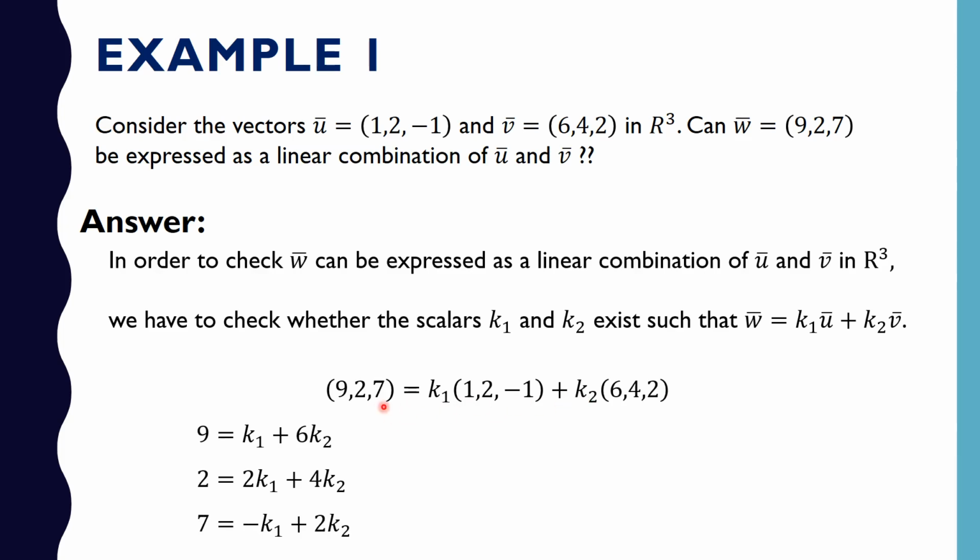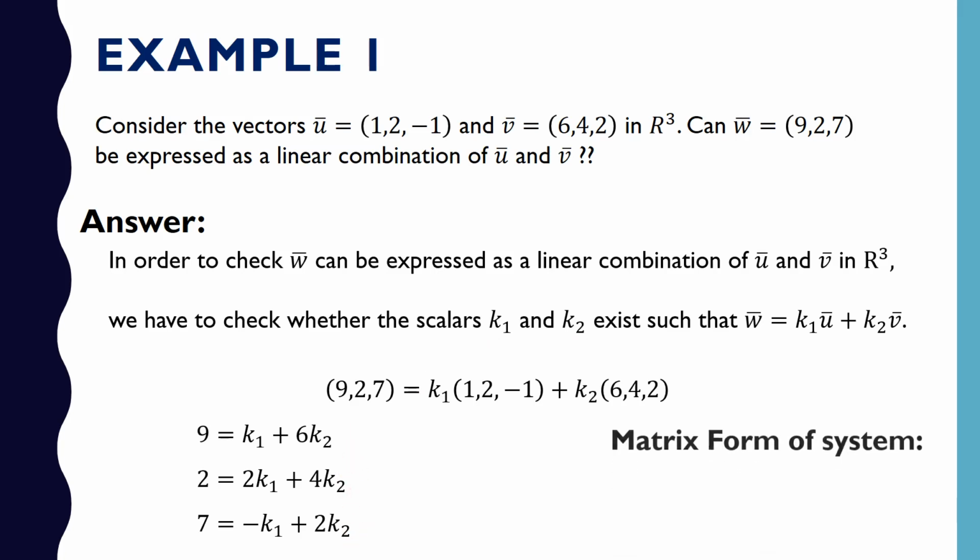Now this particular equation we have represented in the form of a system of linear non-homogeneous equations with two unknowns k1 and k2. Now the idea reduces to solving for the unknowns k1 and k2 by solving the linear system of equations.